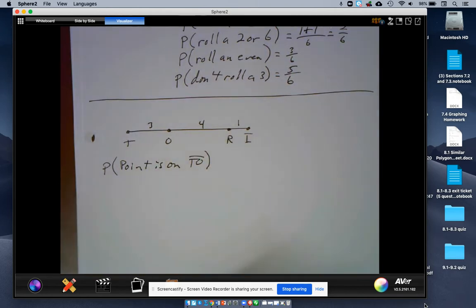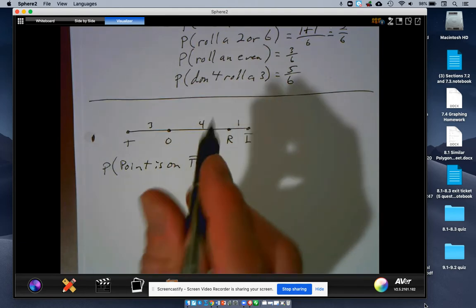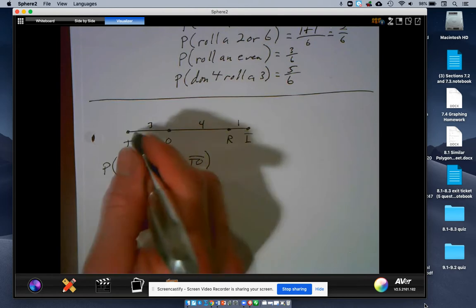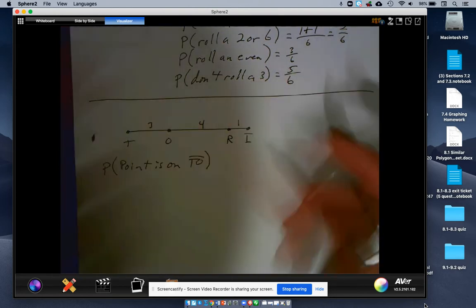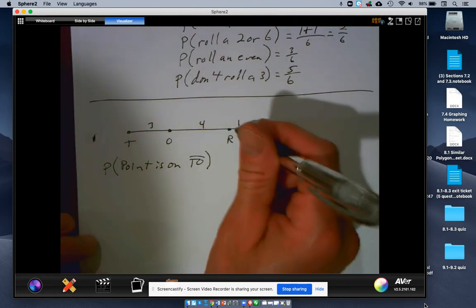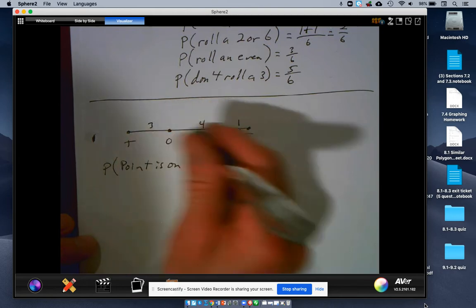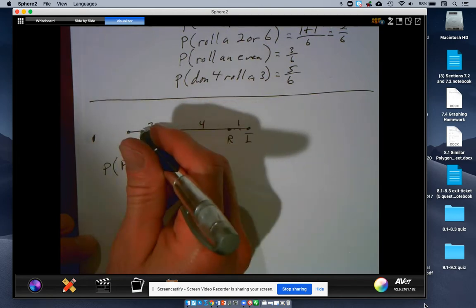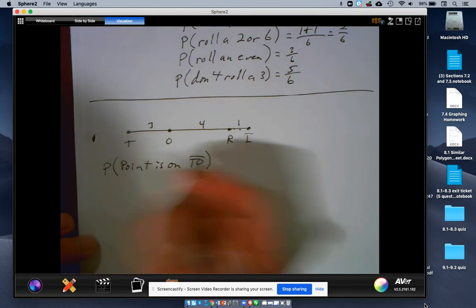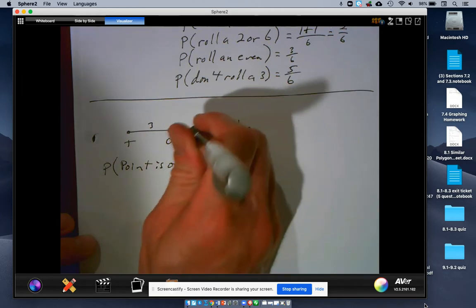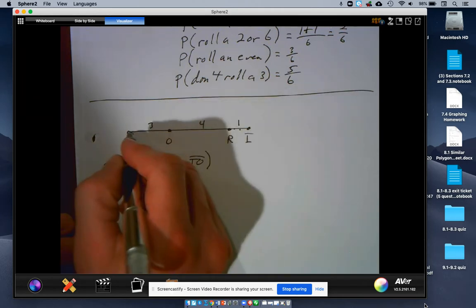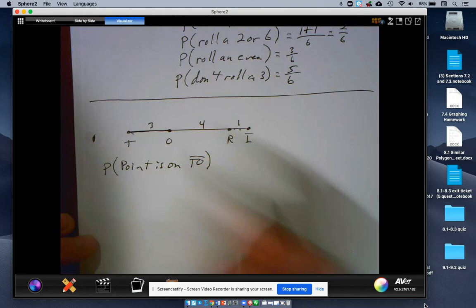Now, what I mean by point is this. Let's say I throw my pen at this line and it hits that line somewhere on that line. It could hit here, here, here, here. It could hit anywhere along that line. Infinitely many spots that could hit along that line. What are the chances that my point, my landing spot, is going to be on TO?